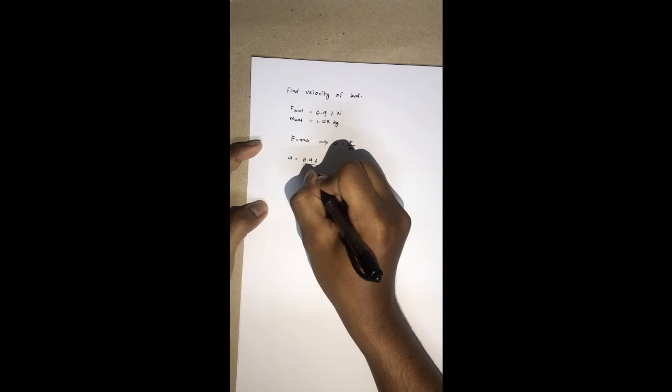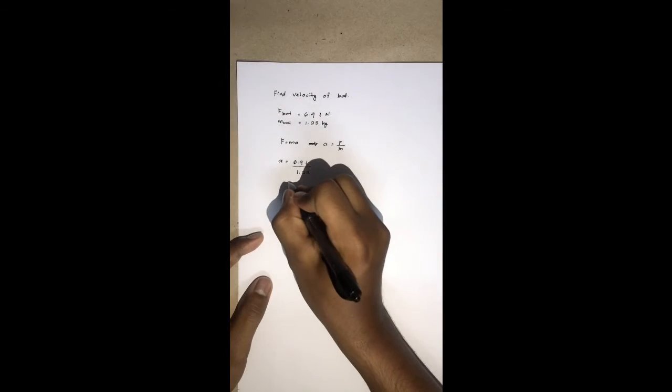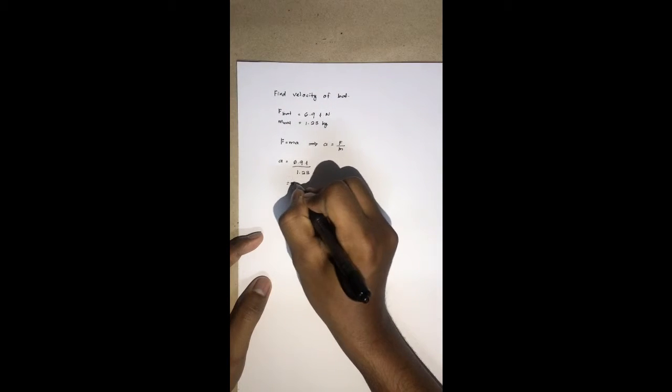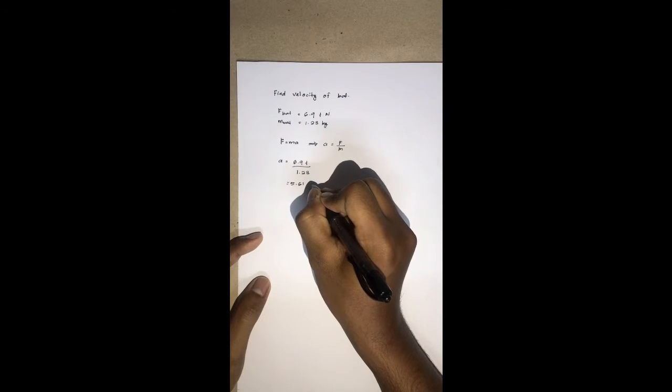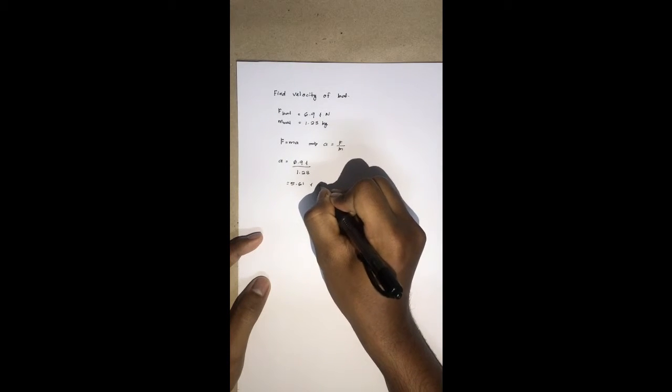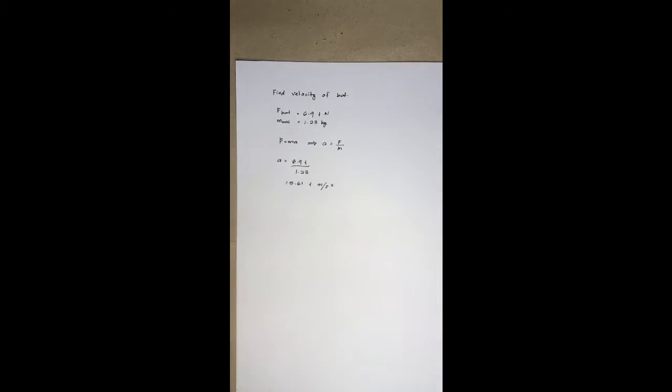So a is 6.90 over 1.23 kg, and a is 5.6.